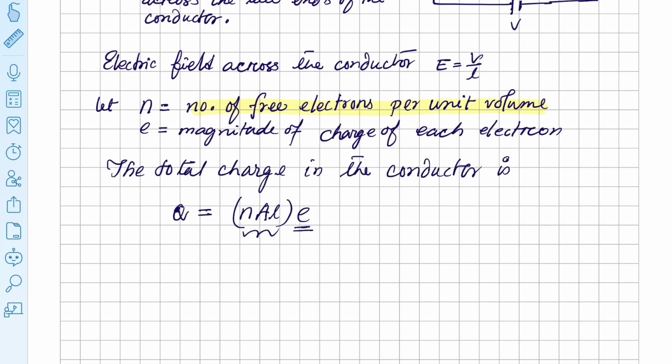Here nAL represents the total number of free electrons in the conductor, and e is the charge of each electron. Hope you have understood this.